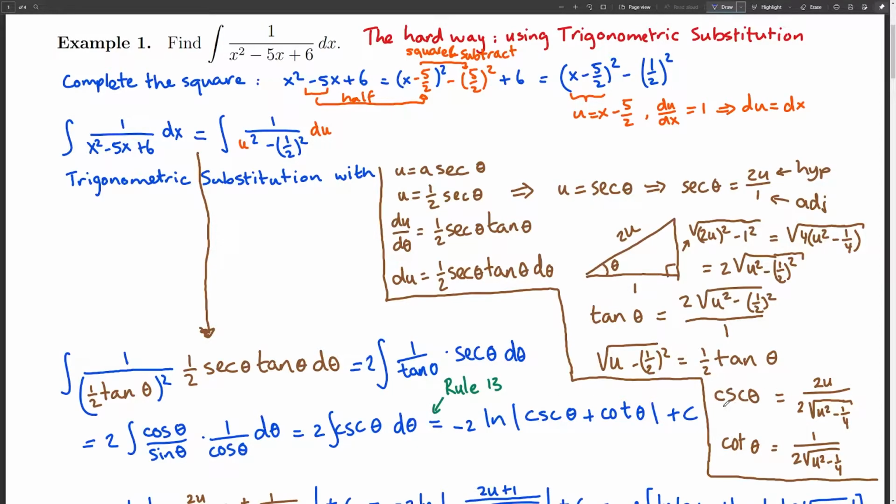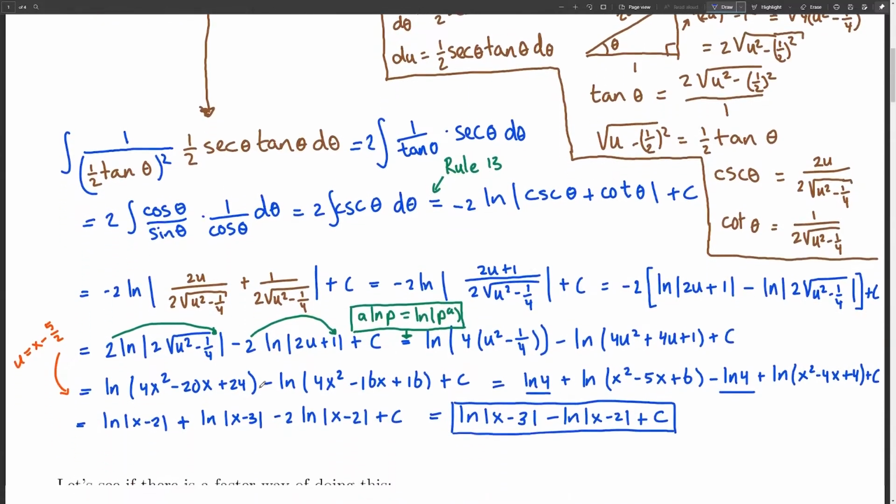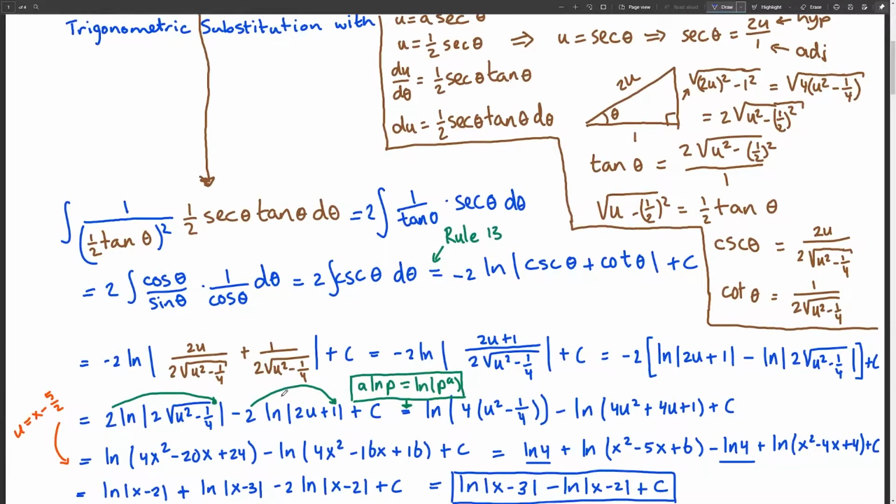We can then use the information from the right triangle to convert cosecant theta to 2u over 2 times square root of u squared minus 1/4, and we can convert the cotangent using the right triangle to 1 over 2 times square root of u squared minus 1/4. So that's what is being done down here.